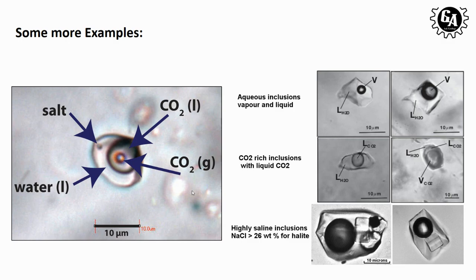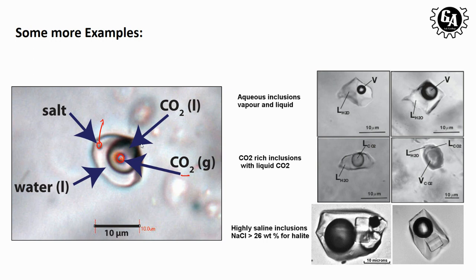Then what are the other possibilities? In this case you can see the salt, the solid, present outside, then liquid, then gas. If it is expected to contain a vapor phase, that vapor phase will remain inside as carbon dioxide.